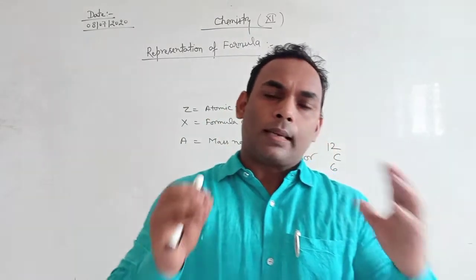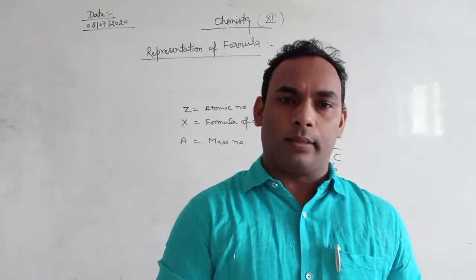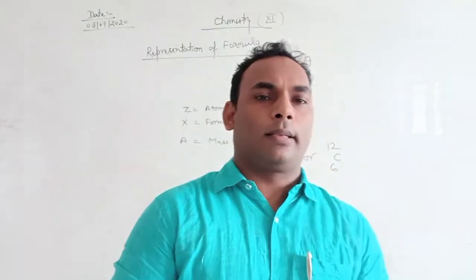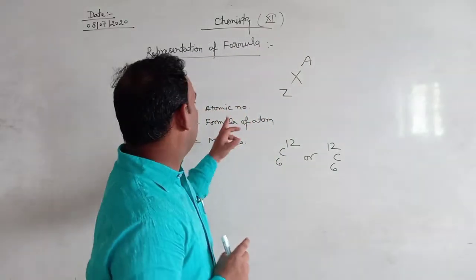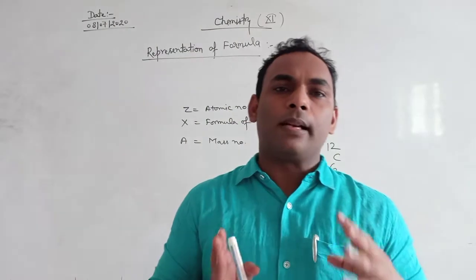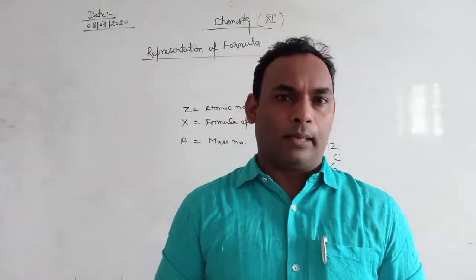So the sum of the protons and neutrons is called nucleons. But atomic number is only the number of protons present in the nucleus.